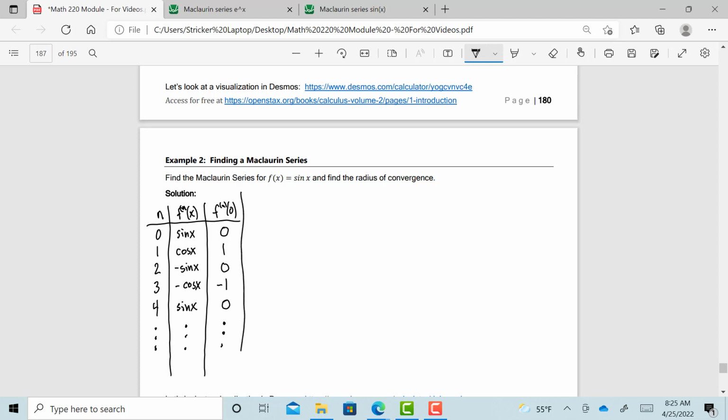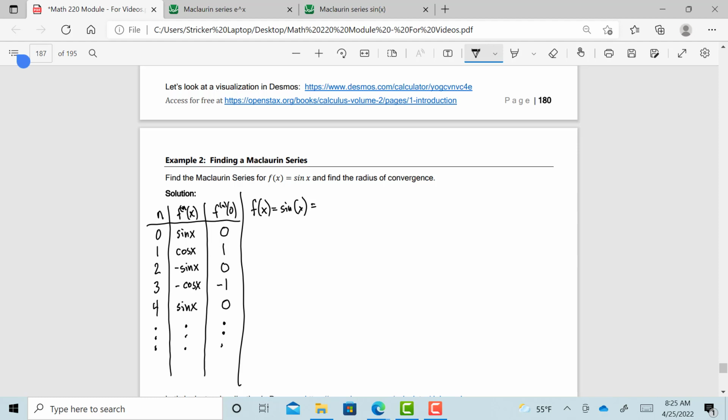And so what we want to do then is, again, we're trying to come up with a Maclaurin series representation for sine of x. And we know that this is going to be equal to, again, we're following that power series representation for a Maclaurin series.